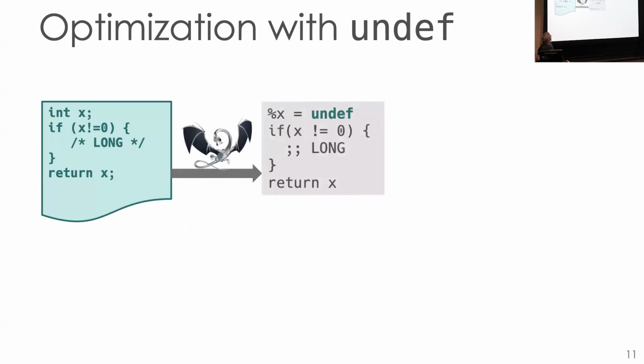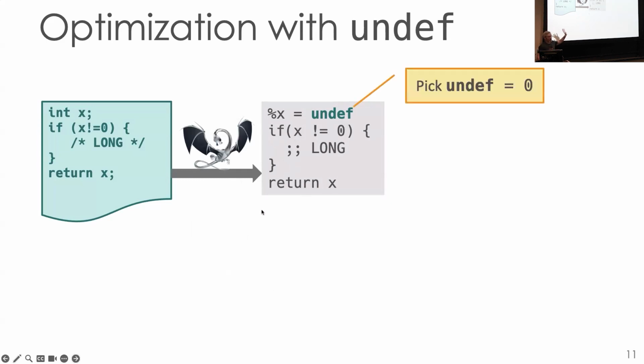Often it's used for things like loop invariant code motion. So you would like to hoist, so before this loop, X might be undefined. And then you might define it in the loop.